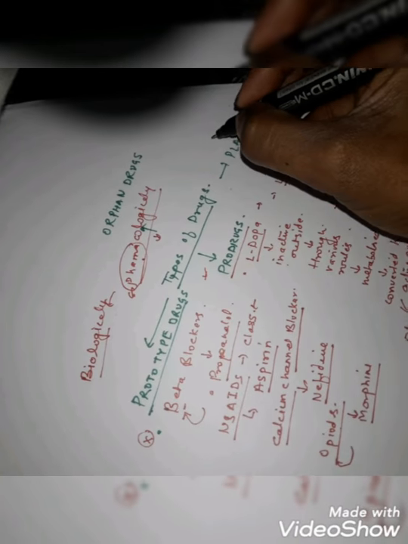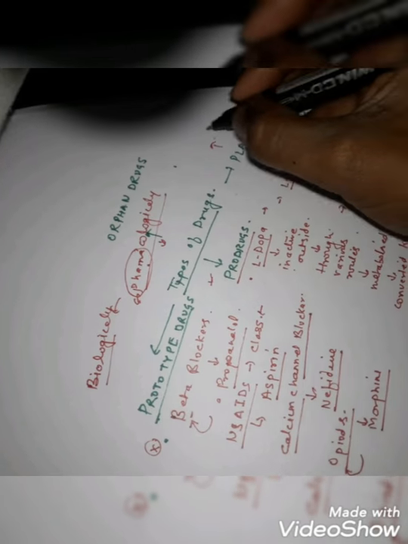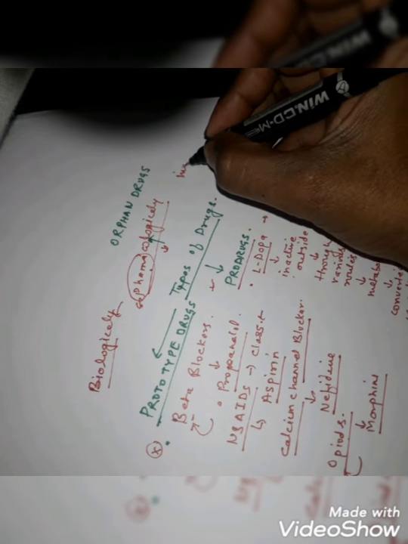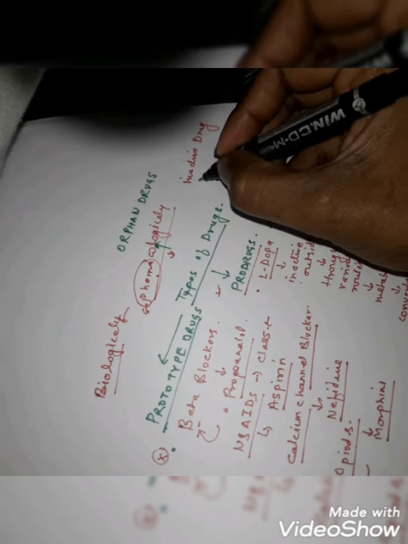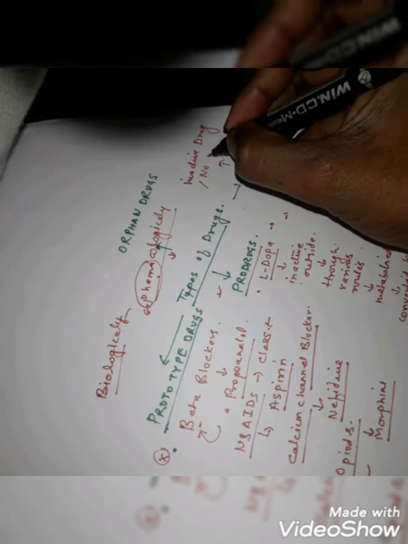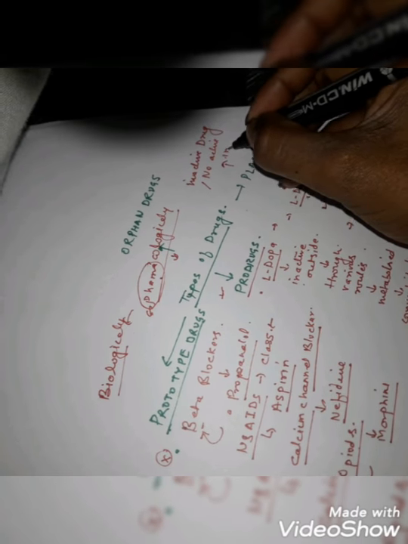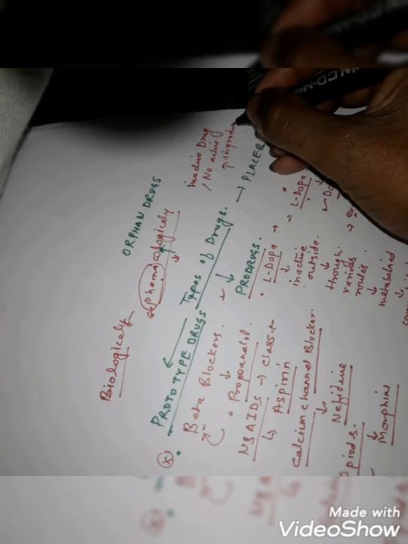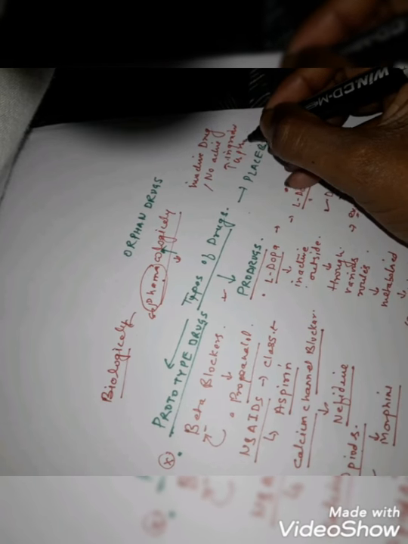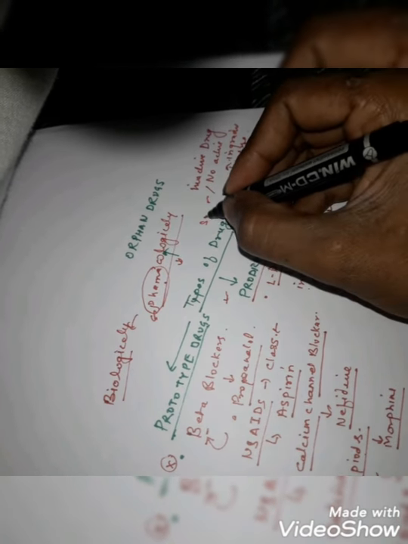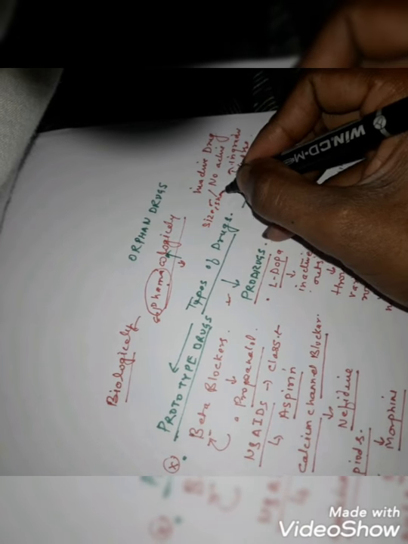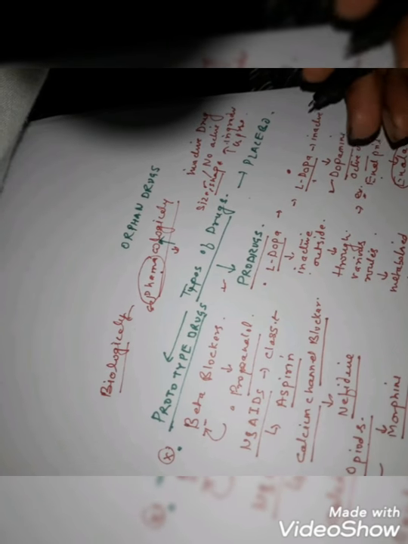If you talk about placebo, these are inactive drugs, meaning no active ingredient is present. But their size, shape and other morphology are similar to the original drug, so they show psychological responses in the patient.